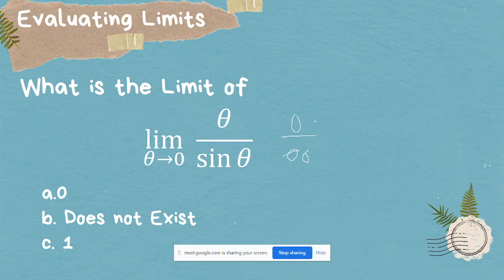0 over 0 is a type of limit that can be evaluated through factoring. What are the other steps? Conjugates, radicals, factoring. Pang isa, rationalization.